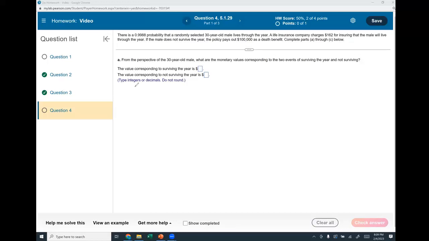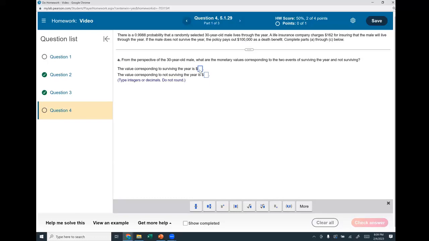So the value corresponding to surviving the year. So if I make it through the year, guess what? As the guy who took out the policy, I lost $162, right?